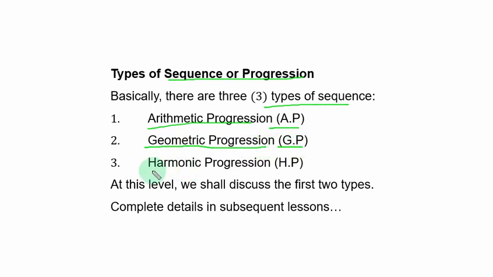Number 3, harmonic progression denoted by HP. At this level, we shall discuss the first 2 types of sequence or progression. Complete details in subsequent lessons.